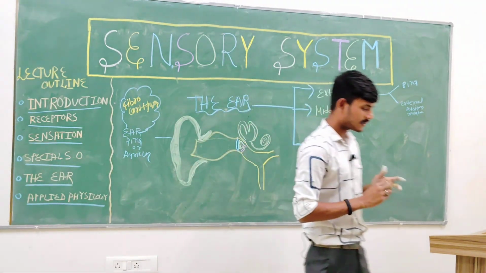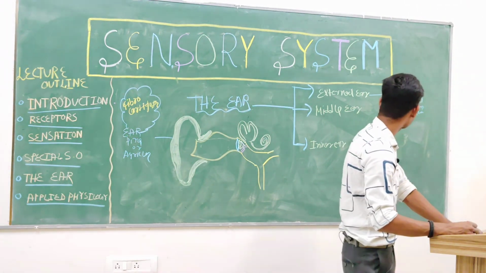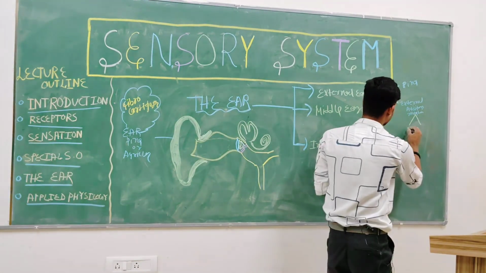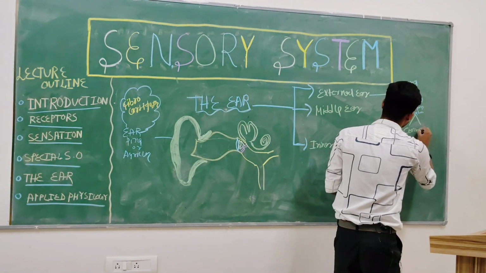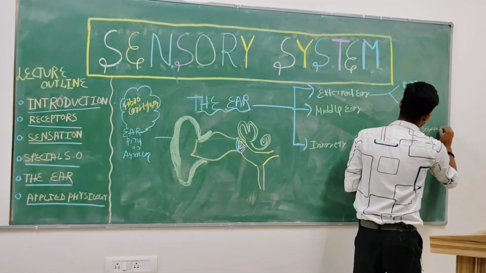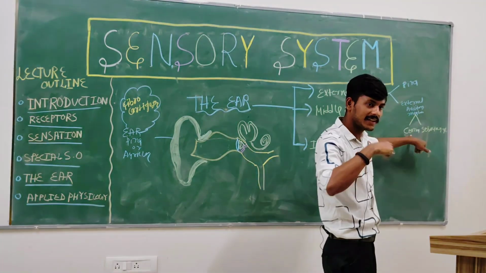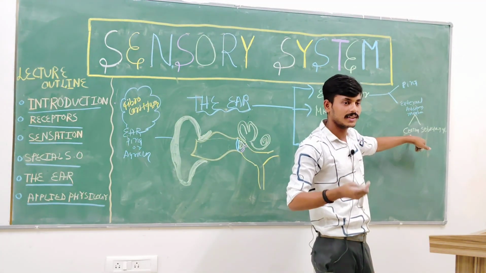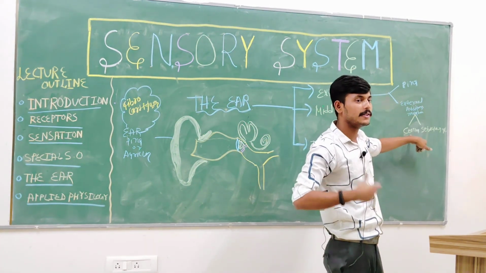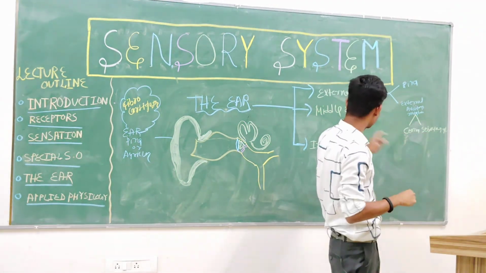Sometimes, due to overproduction of the ceruminous gland, if you do not wash it, there is something called impacted cerumen. A person may not be able to hear sound properly, and it can permanently block the ear.